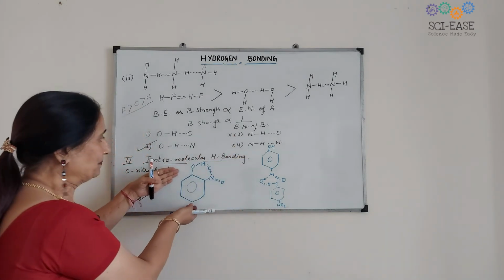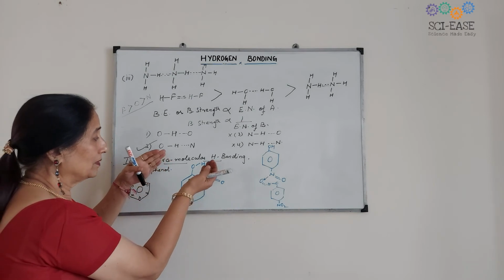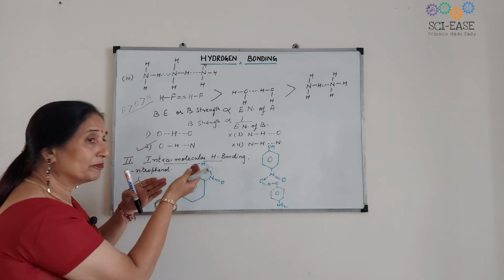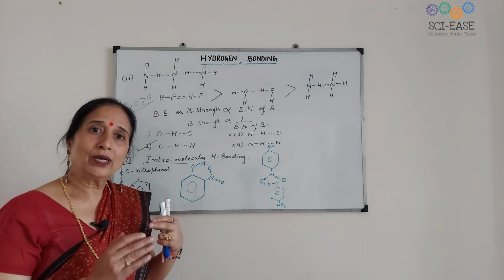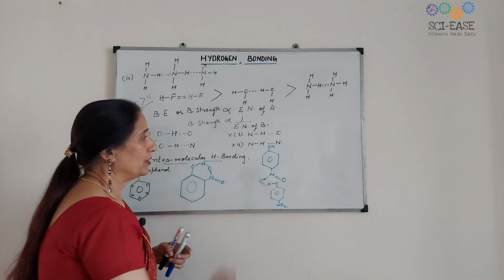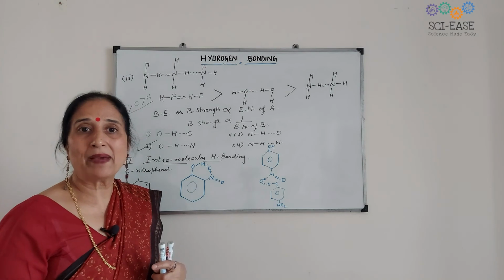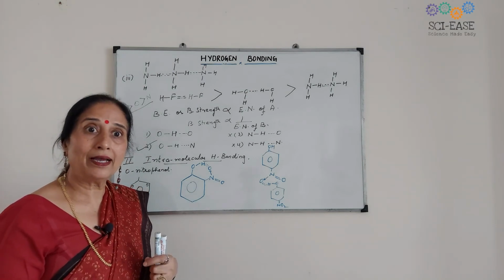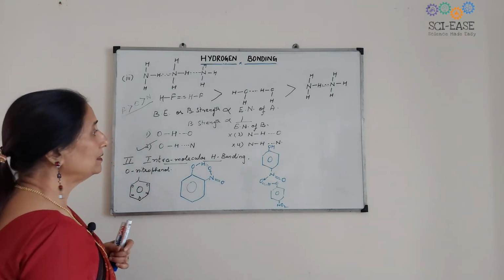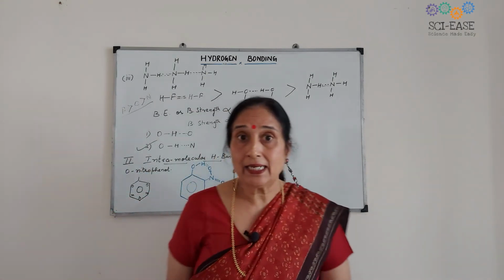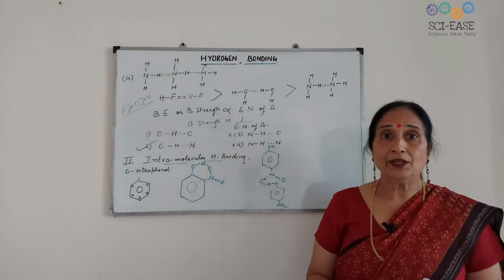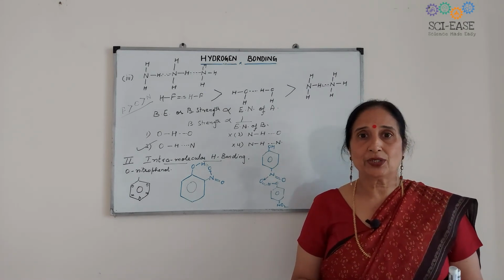And here the hydrogen bonding within the molecule is to be broken. So the boiling point of para-nitrophenol is higher than ortho-nitrophenol. So side by side, I am telling you the reasoning questions also.